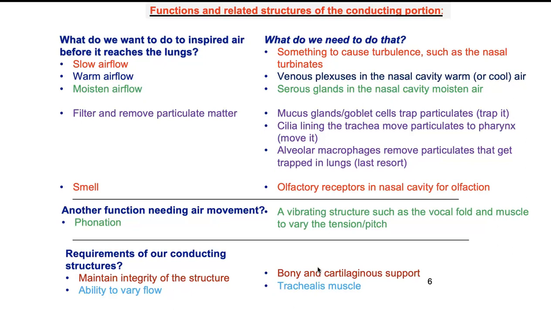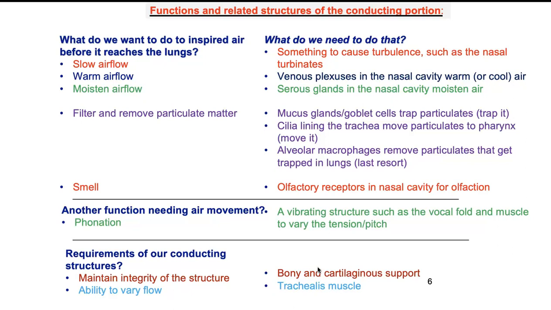As you know, the nasal cavity has turbinates or conchae, right? This differs according to species, and the conchae help slow the airflow before it goes to the lung. Also, you need to warm the airflow, and the nasal cavity has a venous plexus, which is responsible for warming the airflow before it goes to the lung.